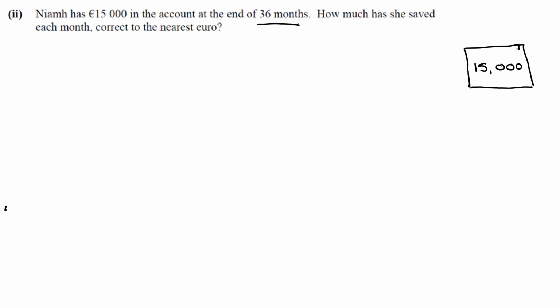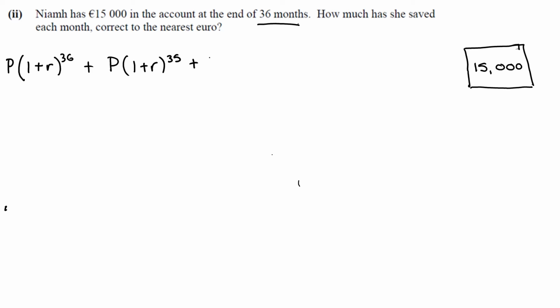So what she did was she invested a certain amount each month. So let's call that amount P. This first P, which she invested, was going to be invested for 36 months. Then the next time she puts in that P, she's going to only have that invested for 35 months because it's the following month.